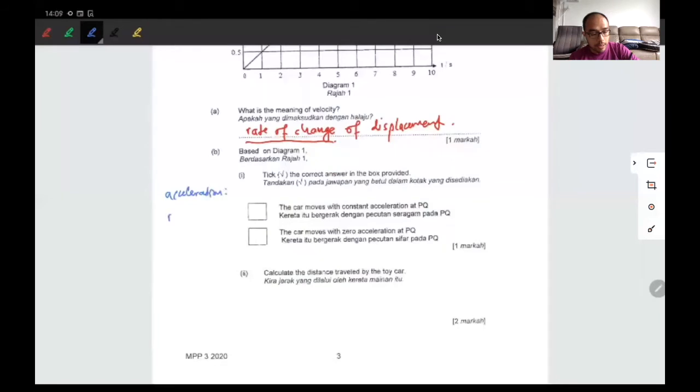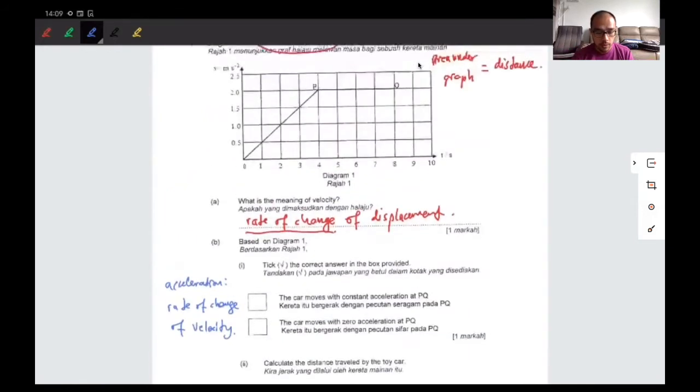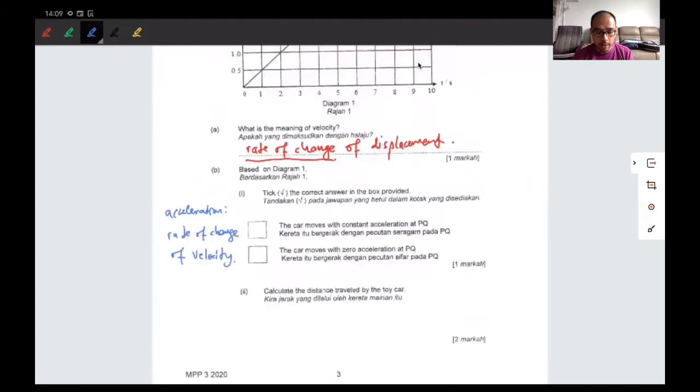Acceleration is the rate of change of velocity. Velocity is the rate of change of displacement. Okay, so based on this one, take the answer.